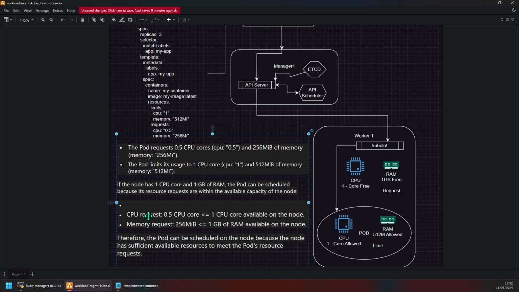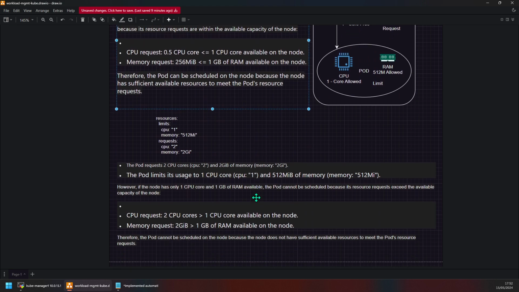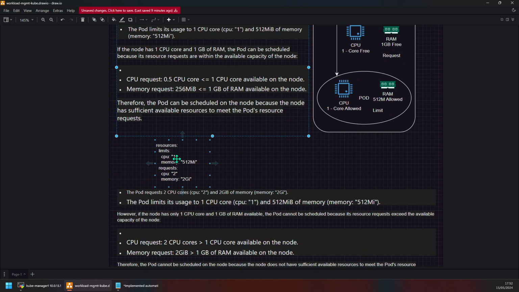Because your CPU request is 0.5 and what is available is one CPU. Your memory request is 256 MB and what you have is 1 GB of RAM. So there should be no problem getting this pod assigned on this worker node. Now, what if your resource limit is 1 CPU and 512 MB, but the pod request is 2 CPU and 2 GB of memory?